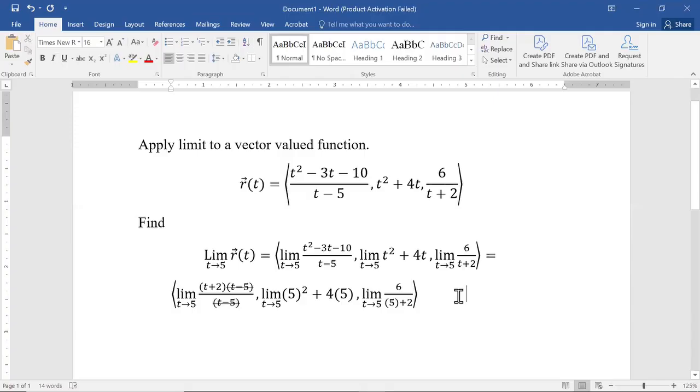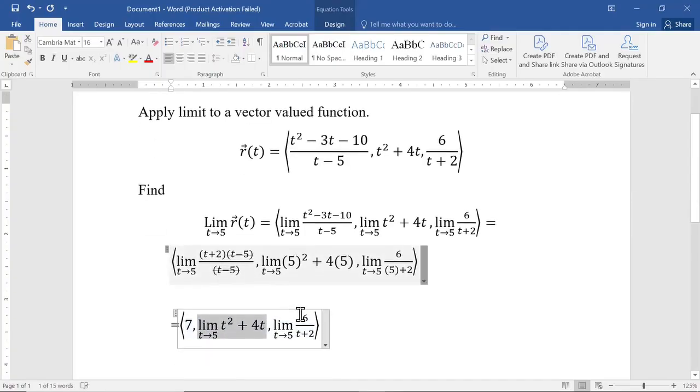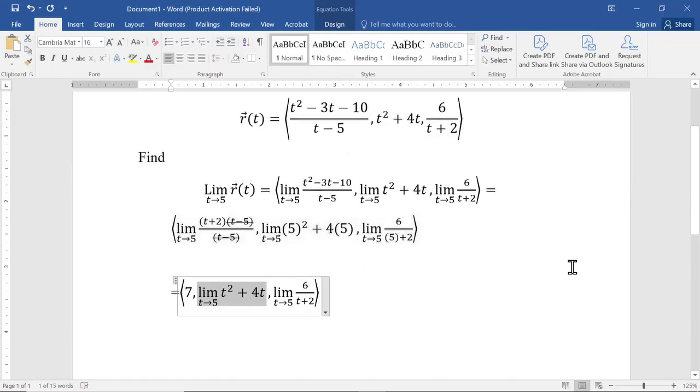And so what you're getting is that this limit, the limit as t approaches 5 of my vector-valued function, is equal to, well, this first limit becomes 7. So 5 plus 2 becomes 7. The second component becomes 5 squared plus 4 times 5. That's 45.